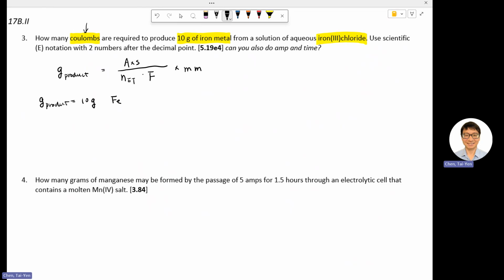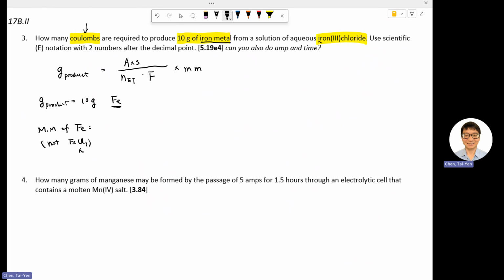You also know the product that you want is iron metal, right? So the molecular mass of your iron, be careful here, not FeCl3.